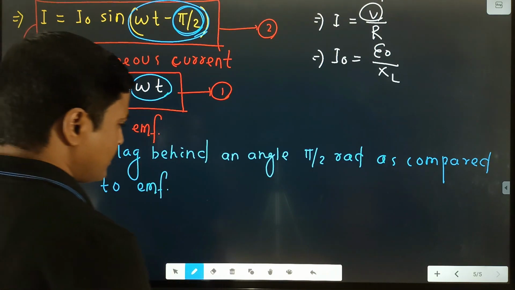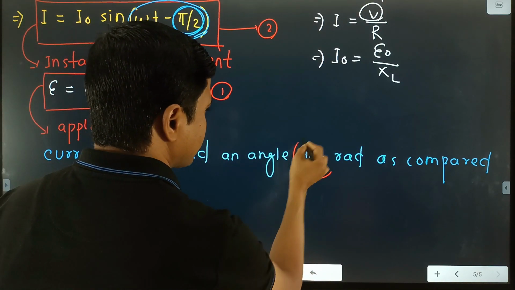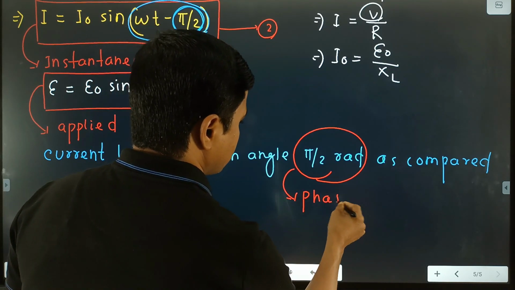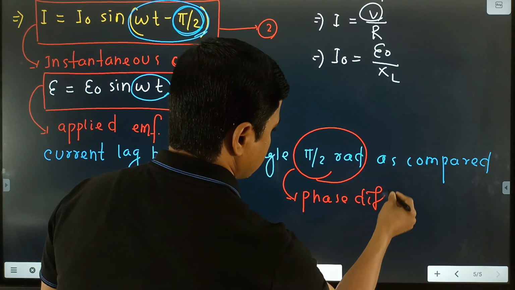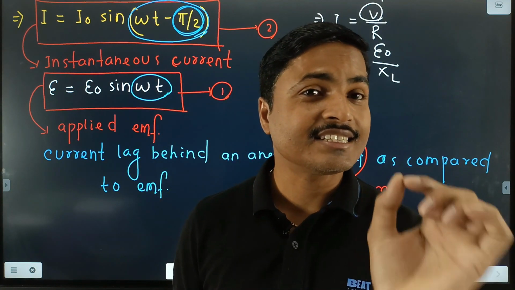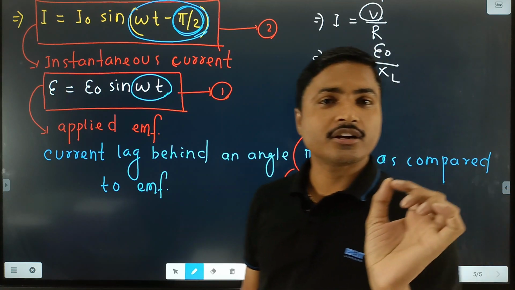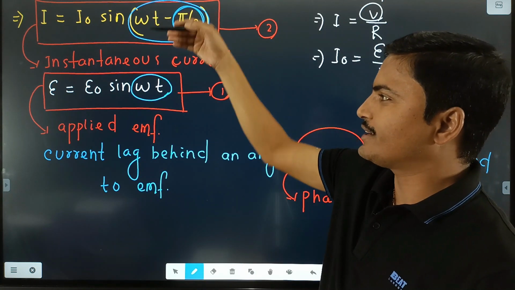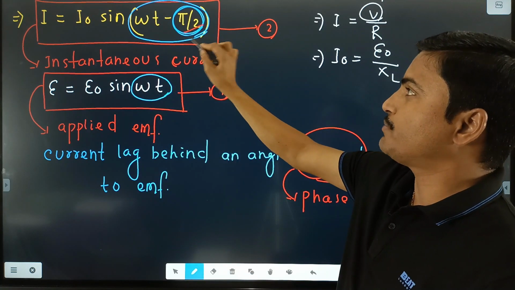Clear? And this pi by 2 radian is known as the phase difference. That means in case of an AC circuit containing inductor only, the phase difference between current and EMF is pi by 2.